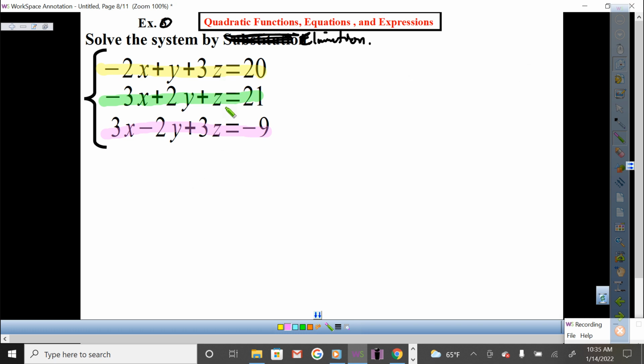The yellow and the green, okay, so the yellow one right here, the green right here, and underneath both of them, the pink one.